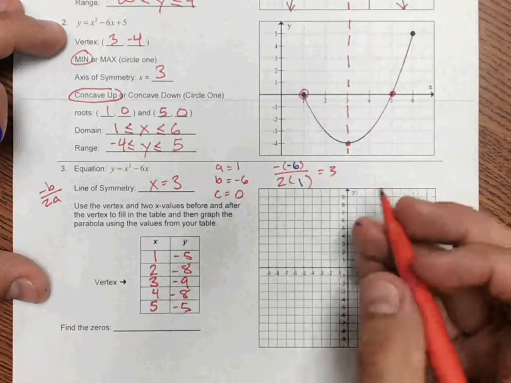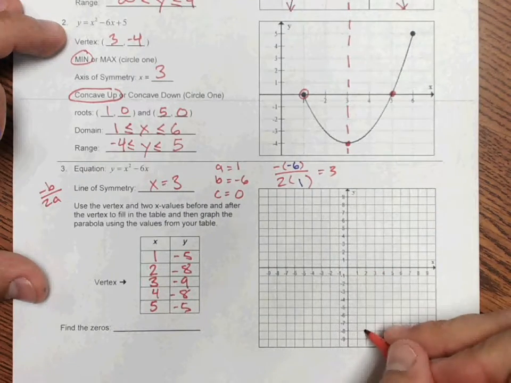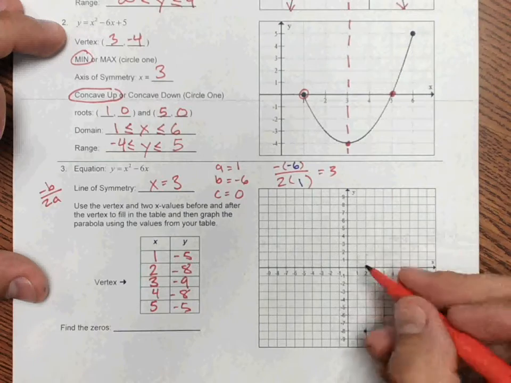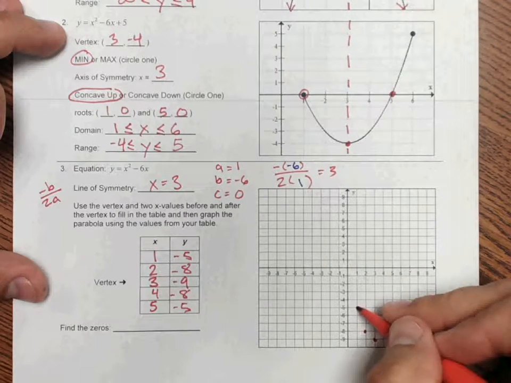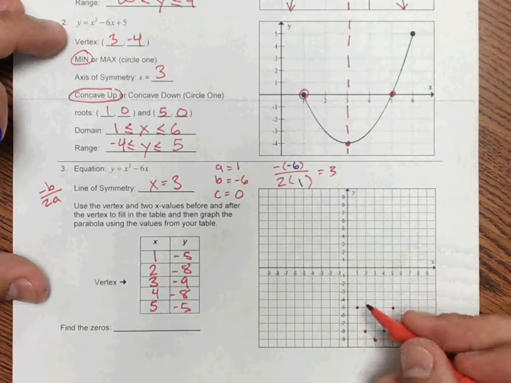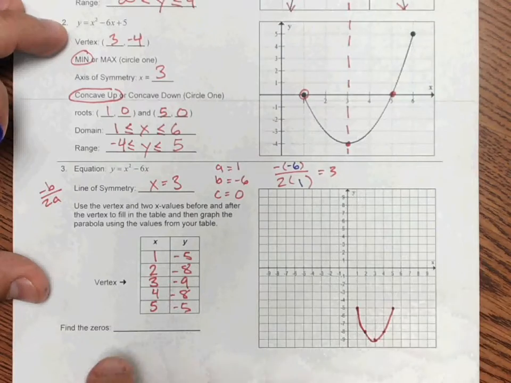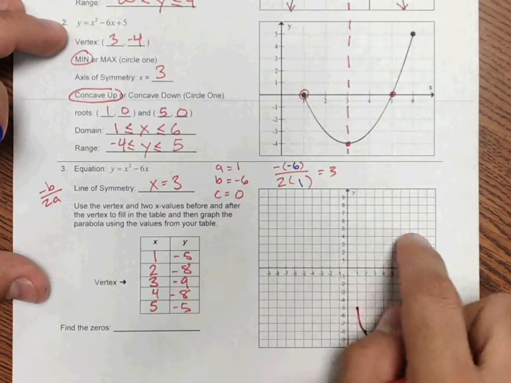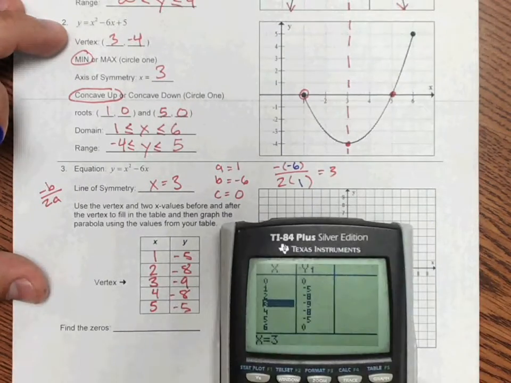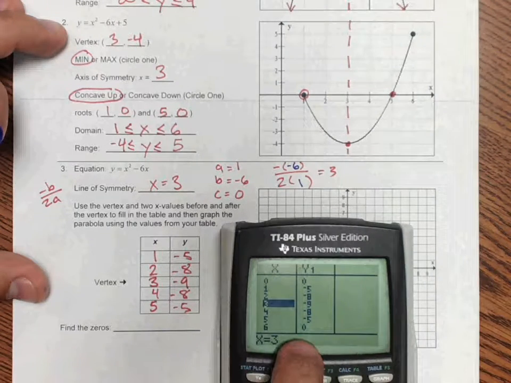So going to graph those, I'm going to go to 3, negative 9. Here are my other 2 points. And then 1 and negative 5 will be here. 5, negative 5 will be here. So this is the basic beginning curve of my graph. The last part of the question asks you to find the zeros, which are going to be up here somewhere. But remember, if you look on the calculator, you will find the zeros where y equals 0.